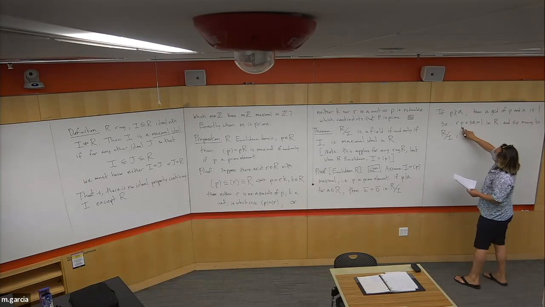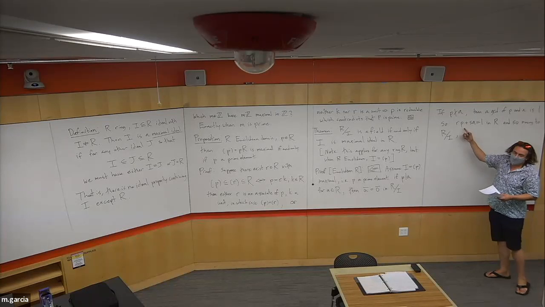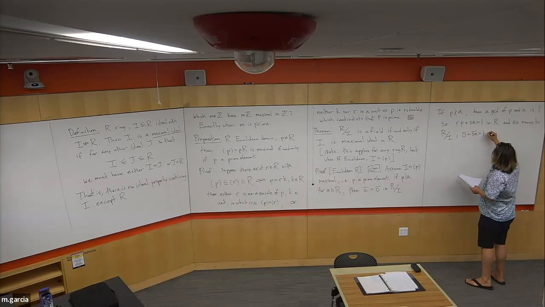I get, what's the residue class of RP? It's 0, right? I have a multiple of P in here. So I get 0 bar plus SA bar equals 1 bar.